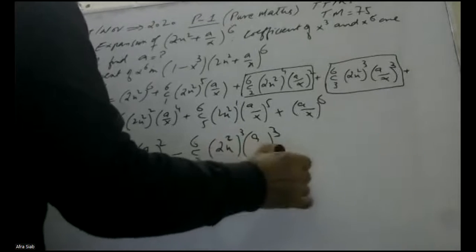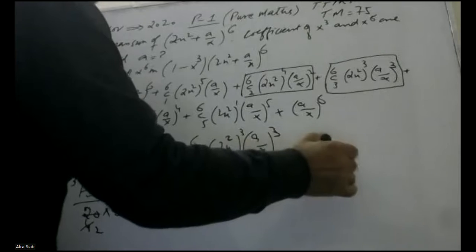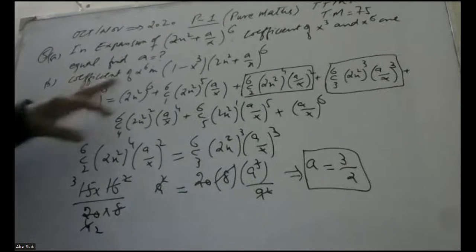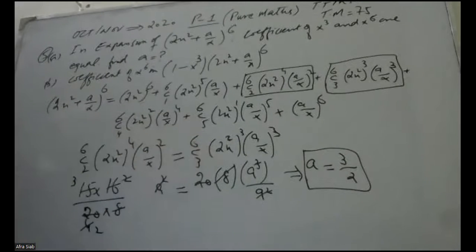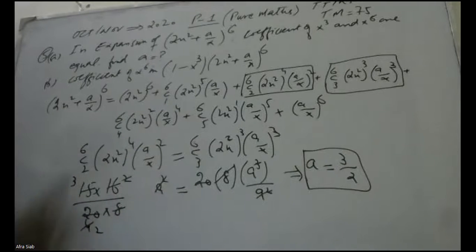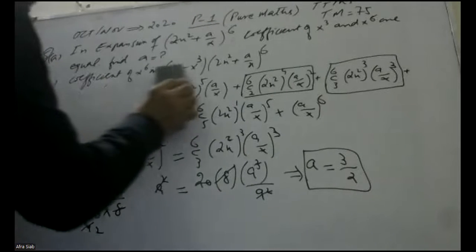So this implies that a is equal to 3 by 2 for this question of part 1 there. So we have seen that x6 is equal to the coefficient of x cube, and what are their coefficients we have written here, and we have calculated the value of a there, which is 3 by 2 there.